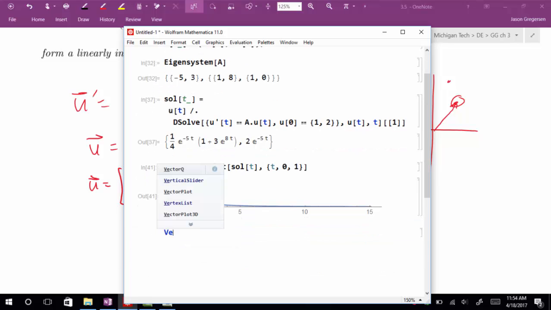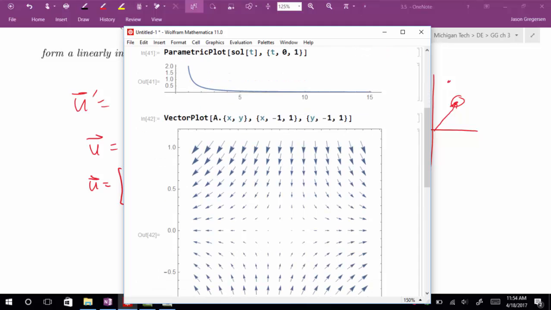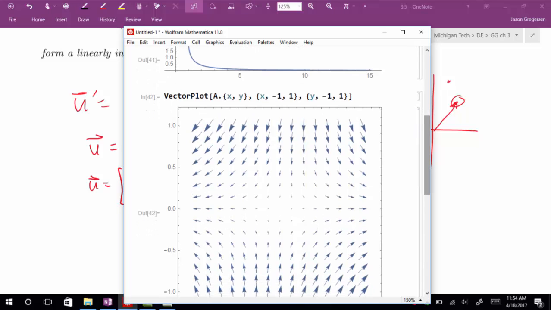I can just use vector plot and type in a dot, and this time I'm just going to put x, y, and let x go from, say, -1 to 1, because my scaling will be kind of ugly otherwise, pretty sure. And I'll get something that looks like this. And I can adjust the scaling as I want here.